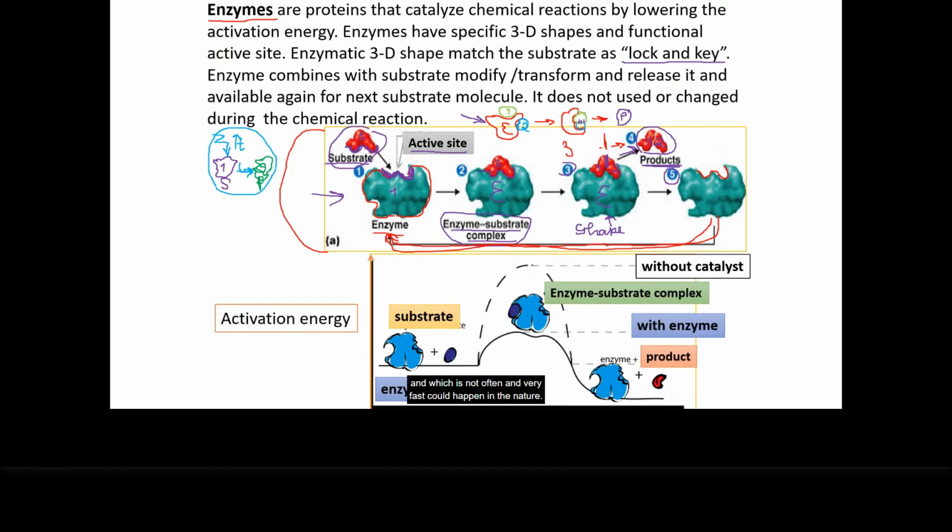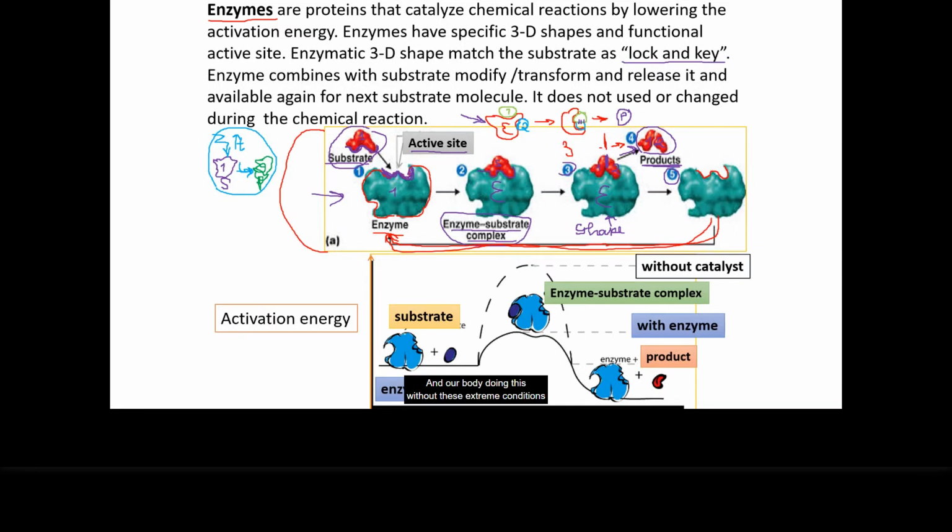which does not happen often or very fast in nature, but in our body every second several different chemical reactions happen very fast and very efficiently, and conversion of one substance to a second substance occurs all the time.